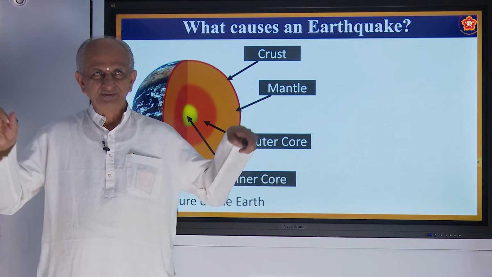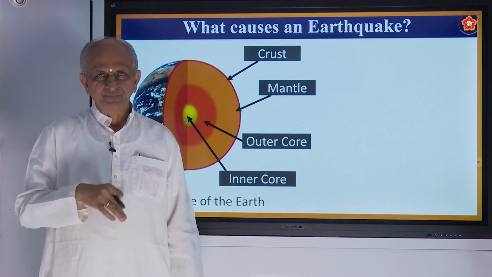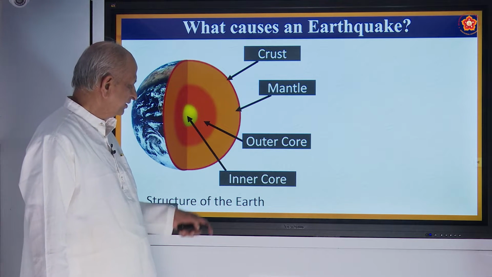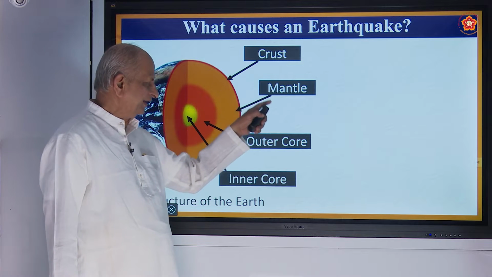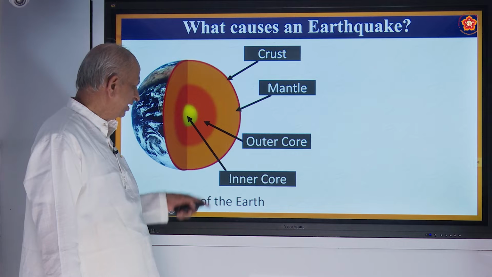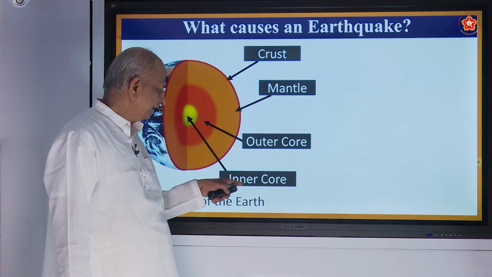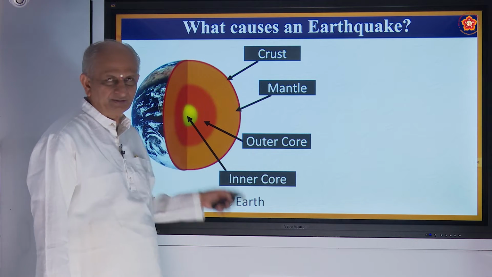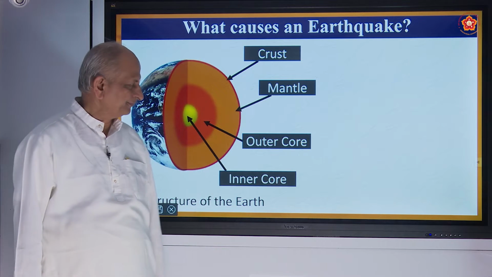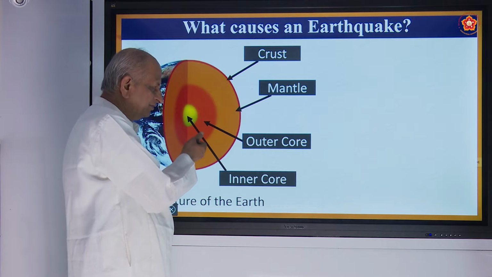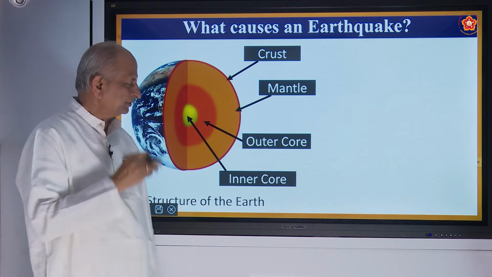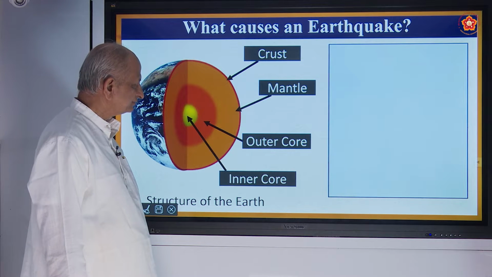All these mountains and seas, the outer surface you see, is called crust. If you go deeper, you have mantle, something like 2000 kilometers. Then you have the outer core and then the inner core. Inner core has the highest temperature, 6500 to 7000 degrees Celsius. As you go inside, the temperature increases, and pressure also increases. These are the layers of the earth.